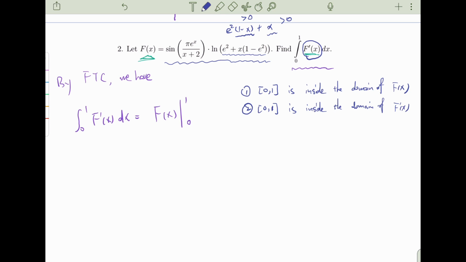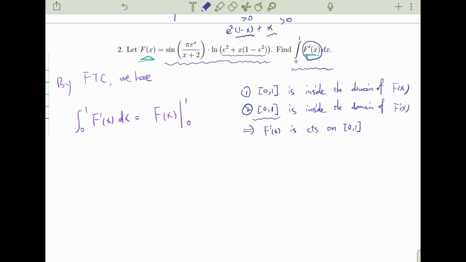So we say that this interval 0, 1 is inside the domain, right? So therefore this thing is continuous on this interval. But again, the purpose of this question is not testing you to do the derivative, and instead it wants you to just make use of the fundamental theorem of calculus.